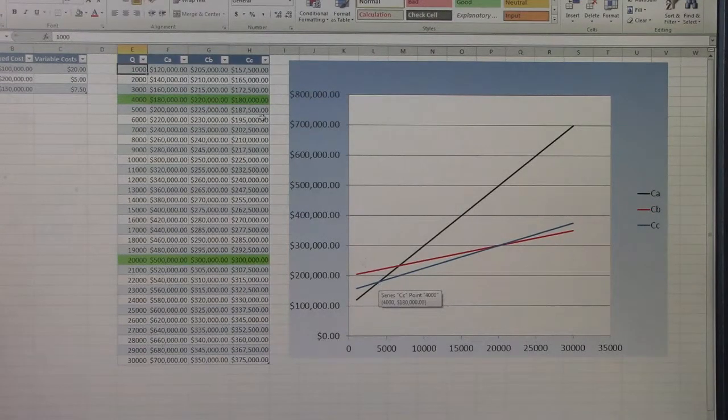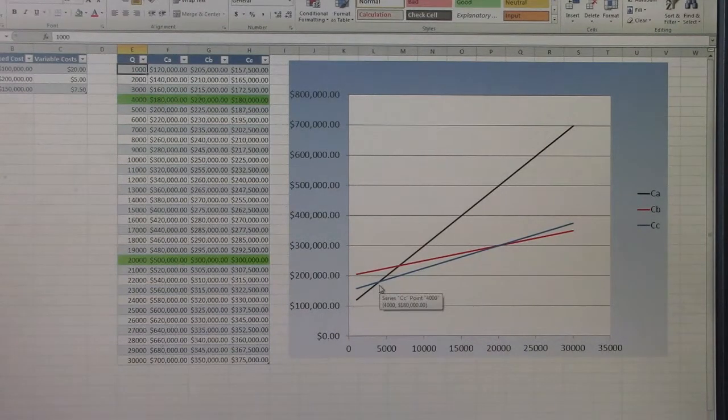So what I did was I went through my table and found that alternative A equals alternative C at 4,000 units. So that means that alternative A is the most feasible when we have fewer than 4,000 pieces of production that we need to produce.